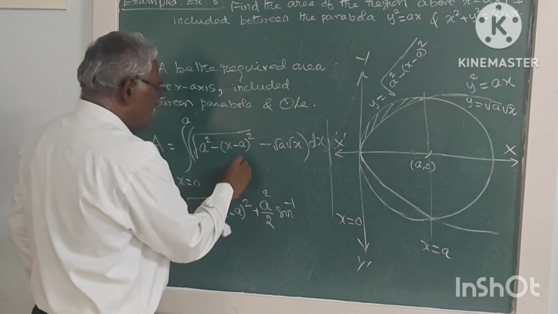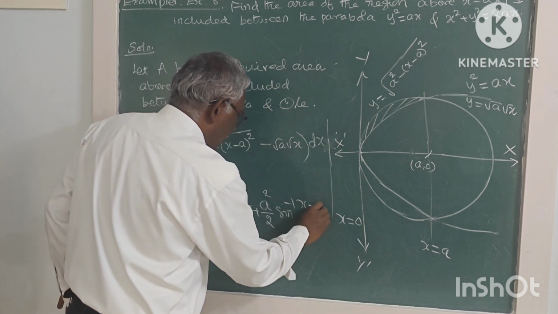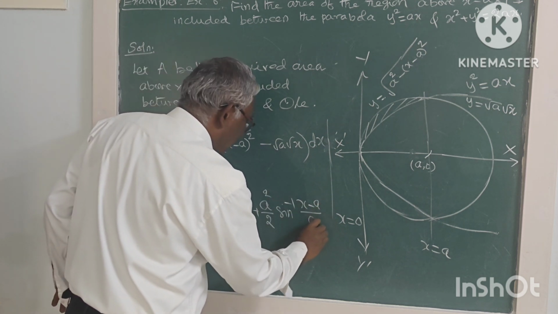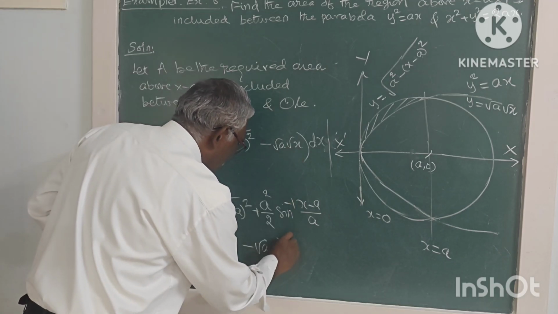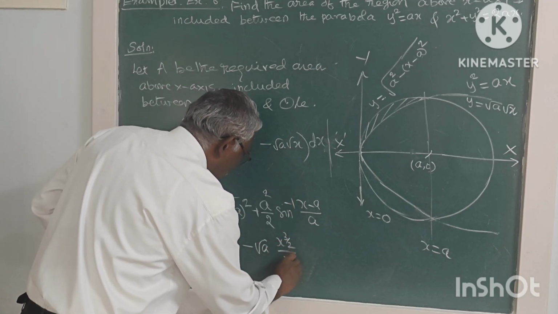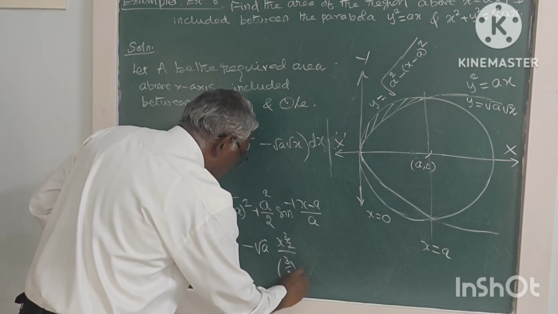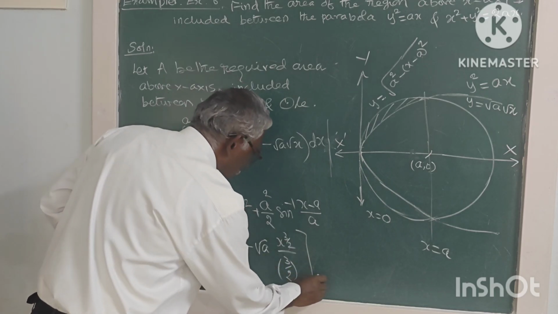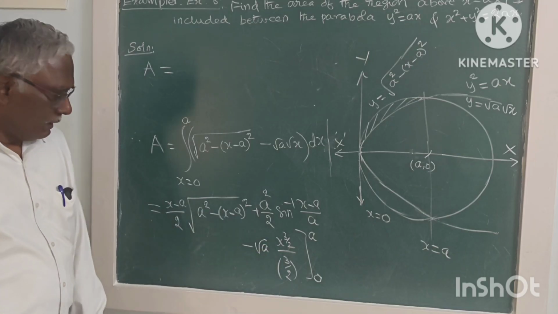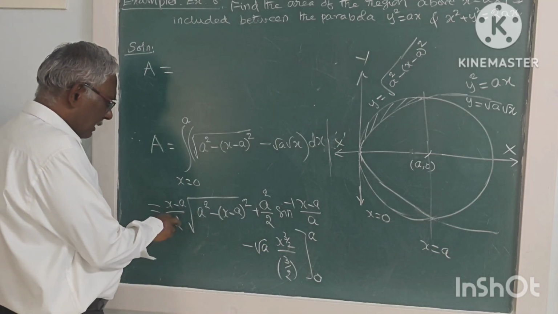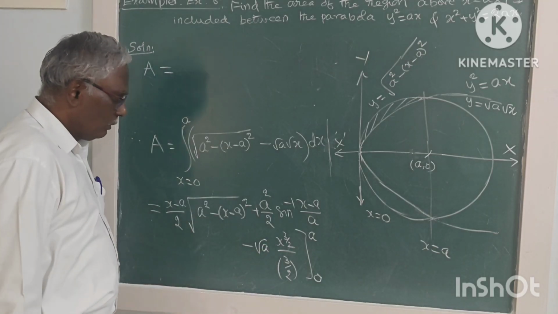sine inverse of x by a, minus root a times x power 3 by 2 by 3 by 2, limit 0 to a. For x we will substitute the upper limit a. So a minus a is 0, this term is 0.